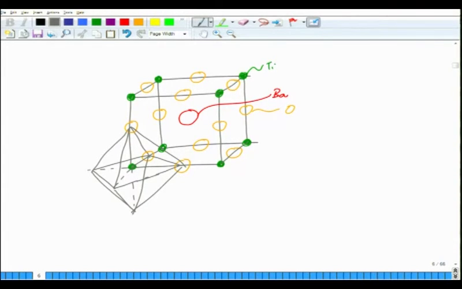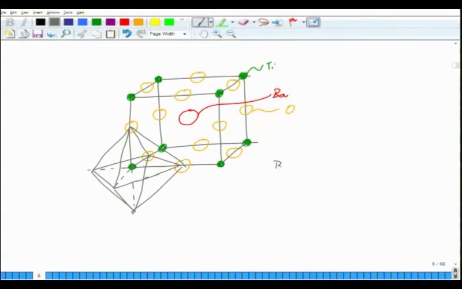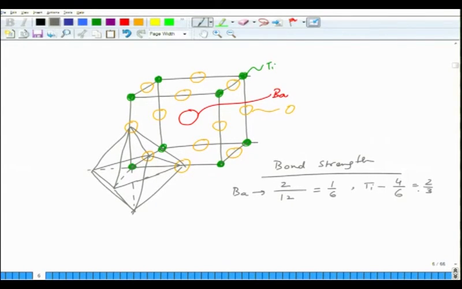You can also do the bond strength check here. Now for the cation barium, it has a valence of 2 and is surrounded by 12, so its bond strength is 1 by 6. Titanium has a valence of 4, surrounded by 6. Now oxygen has a valence of 2, but we need the coordination number.